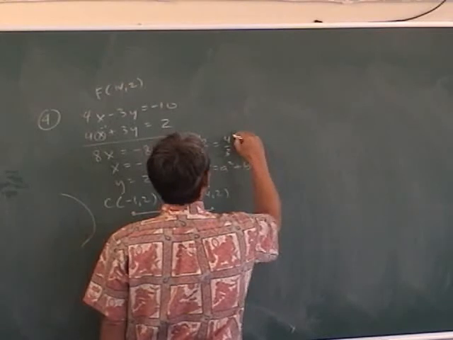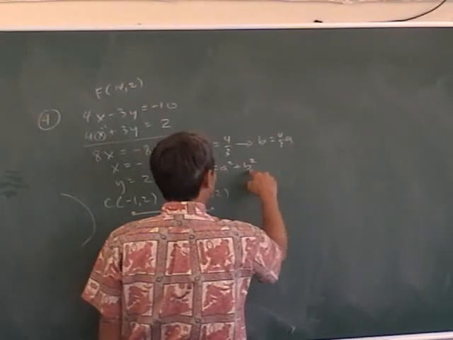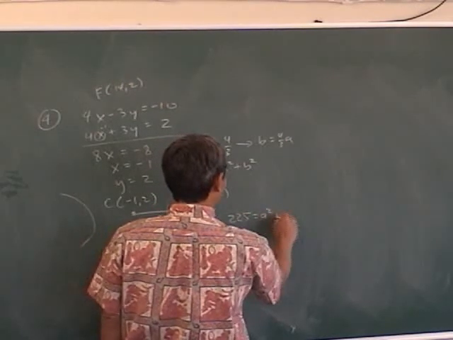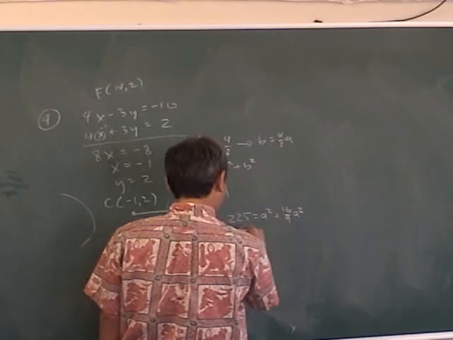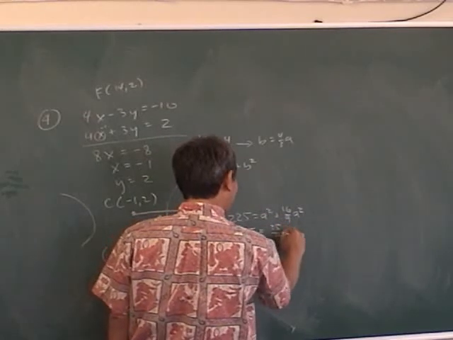b equals 4/3 a. Take that and plug it in here. So you get 225 equals a squared plus b squared, which is 16 over 9 a squared. So 225 is equal to 9/9 plus 16/9, so that's 25/9 a squared.